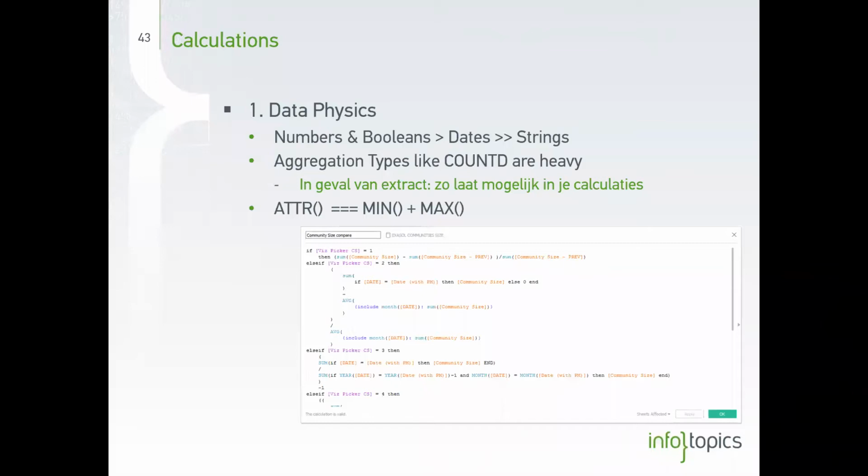If you use count distincts, they are great, but they are also pretty expensive, pretty hard to calculate. And it's getting even harder if you do it on a customer name, for example. So also there, if you can use a number or Boolean, so a count distinct on an order ID instead of a customer name or a customer ID, for example, it will give you a lot of performance boost.